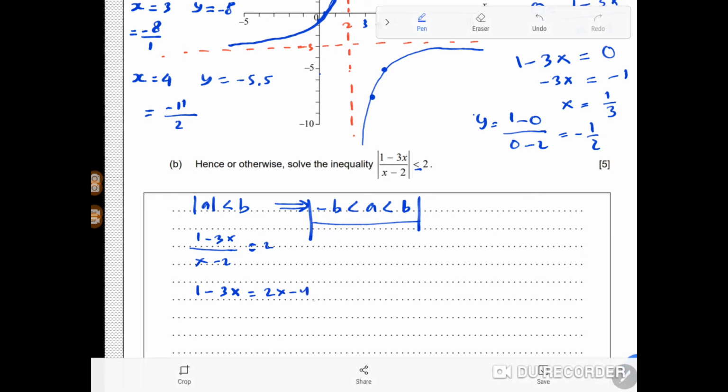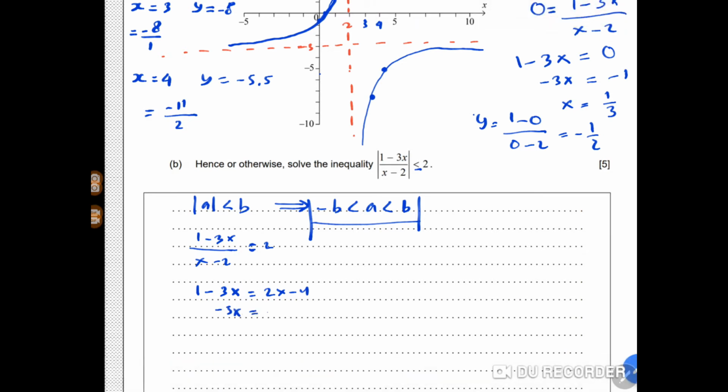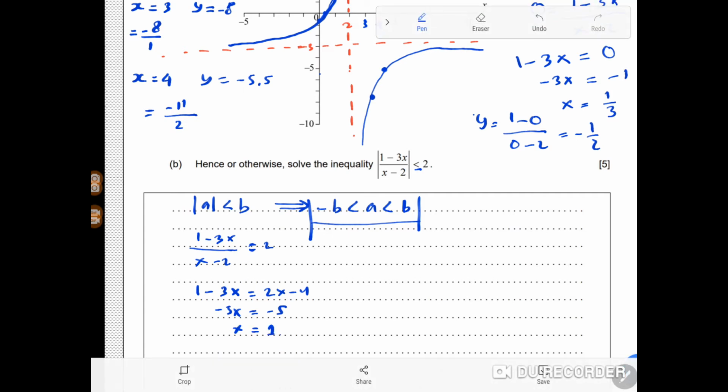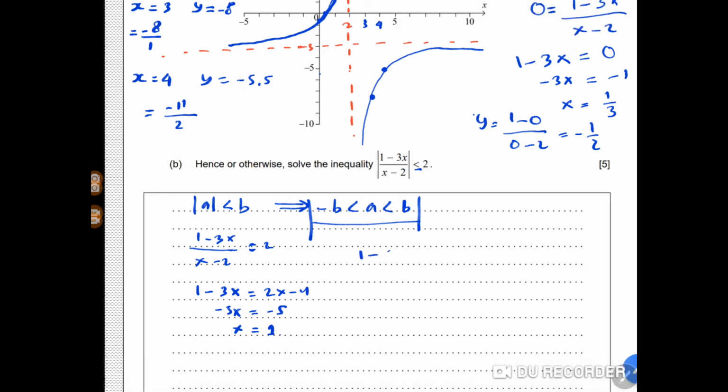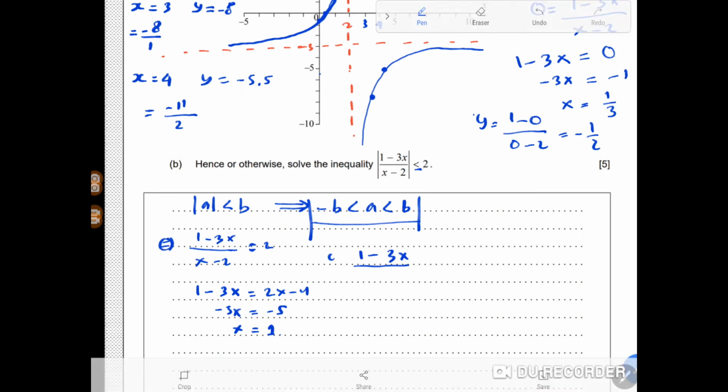So we have negative 5x equals negative 5, and we have x equals 1. This is the first one, and then this is the next one.